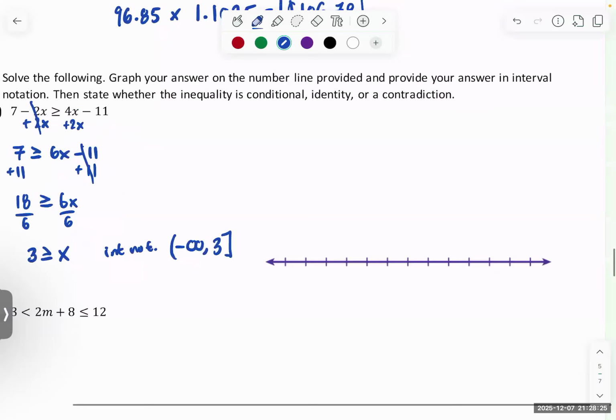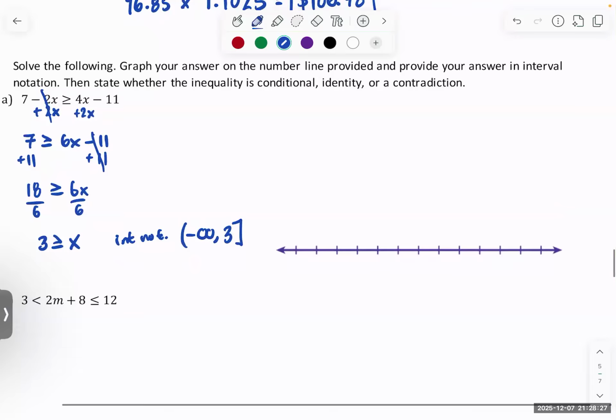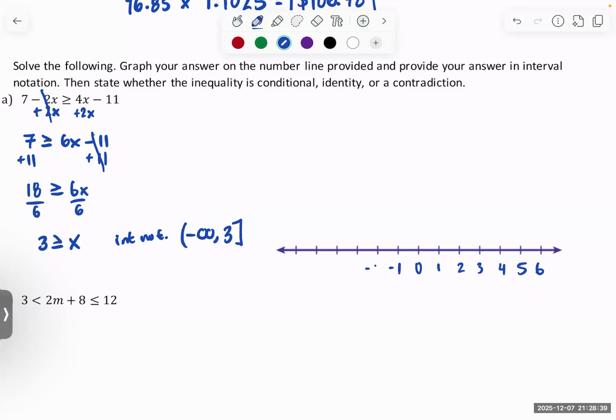So if I wanted to illustrate this, let's do 0, 1, 2, 3, 4, 5, 6, -1, -2, -3, -4, -5, -6. 3 is right there. It's going to be a closed dot because of the bracket.